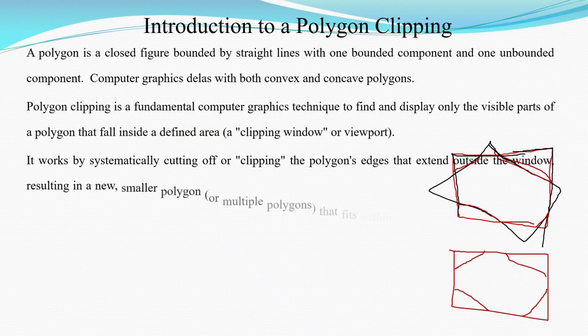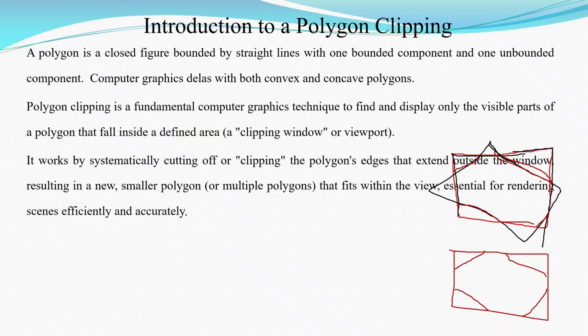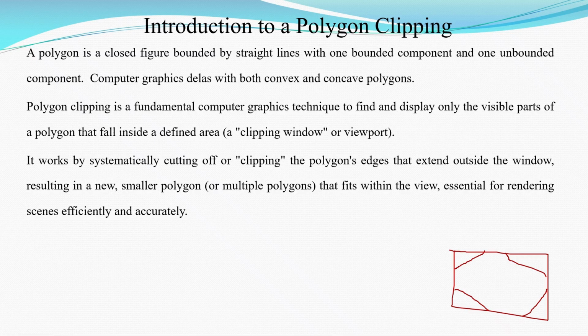It is a systematic cutting off of the polygon edges that extend outside the window. Those edges are removed, resulting in a new smaller polygon or multiple polygons. However many polygons are in the window, that much will be visible within the view, which is essential for rendering a scene efficiently and accurately.